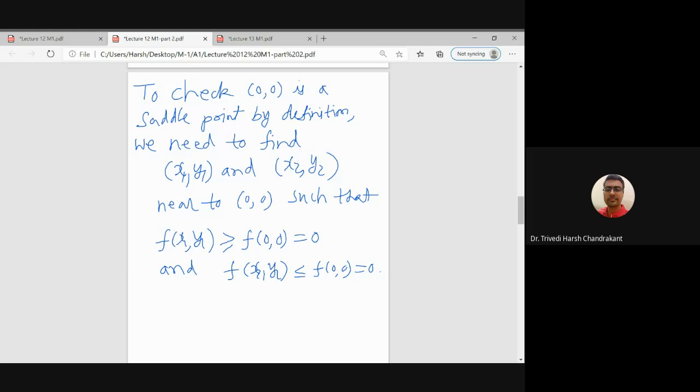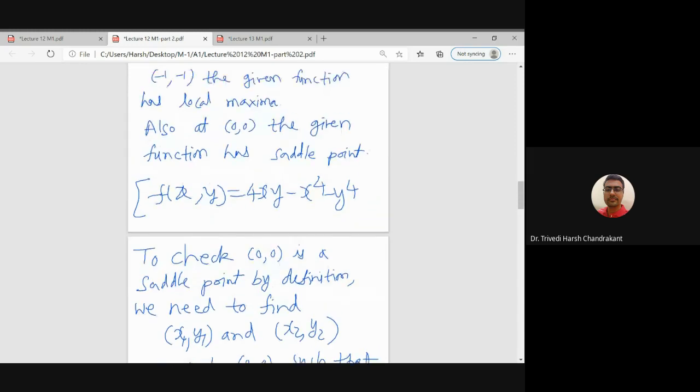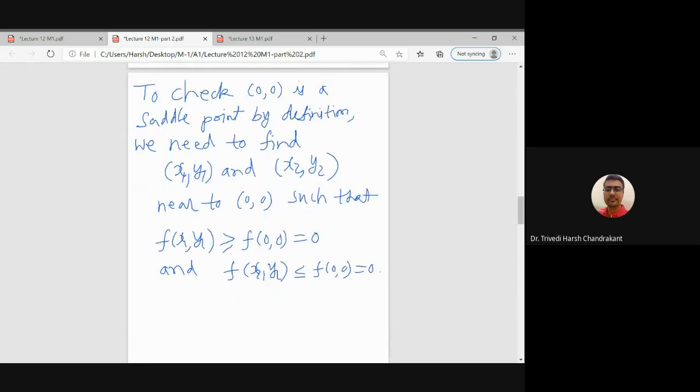To find that, we will substitute particular values of x and y, and then see whether we can find a non-negative value of the function or not. In this function, if we substitute y = 0, then f(x, 0) = minus x^4, since the other terms are 0 because y is 0.